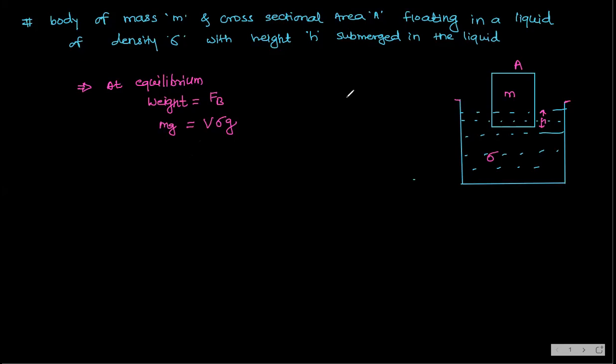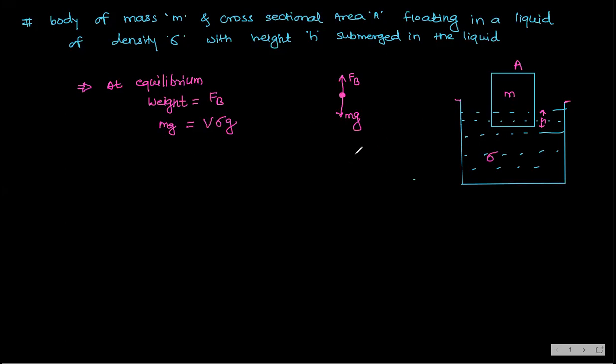In the first case, when this is at equilibrium, you are having in downward direction its weight. Upward direction, you are having buoyant force. Agree with me? And that's why mg is equal to V sigma g.